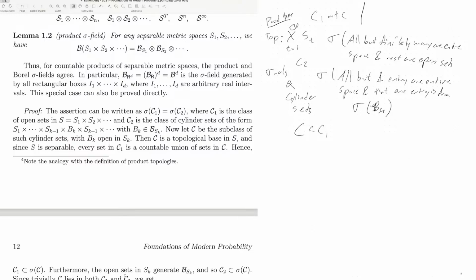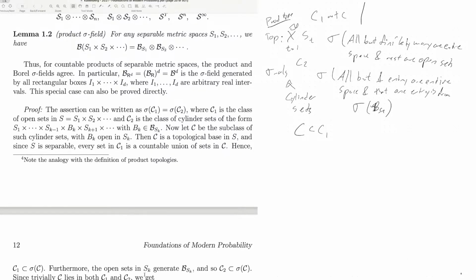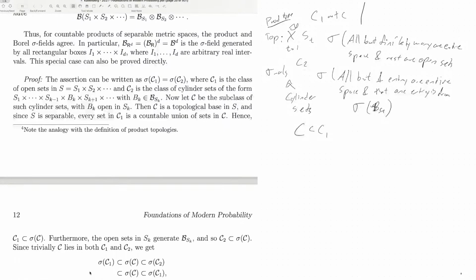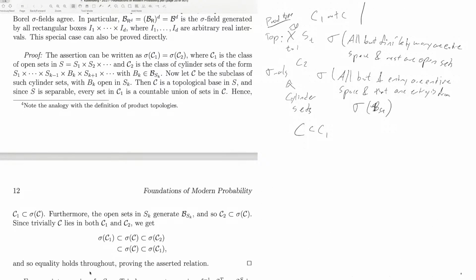Furthermore, open sets in SK generate B of SK. I see. So we just fix, okay.